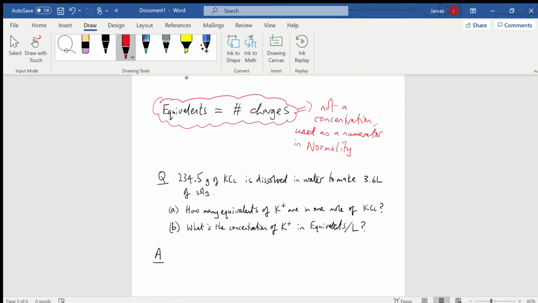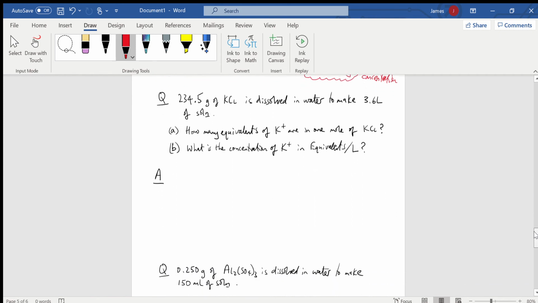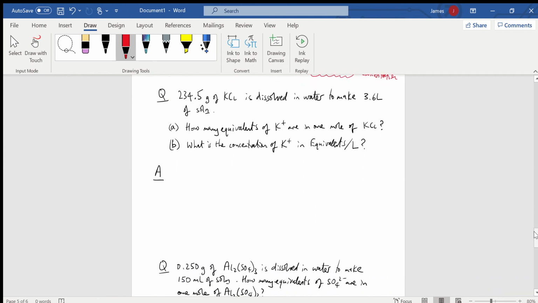And normality is a concentration. So this is a preview, or a build-up to normality. Having said that, let's look at a question.